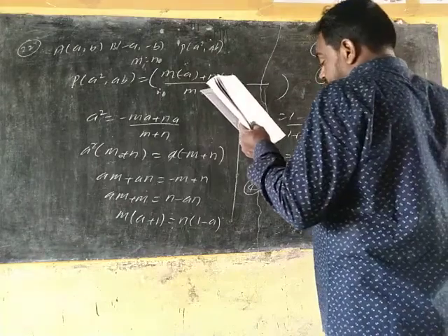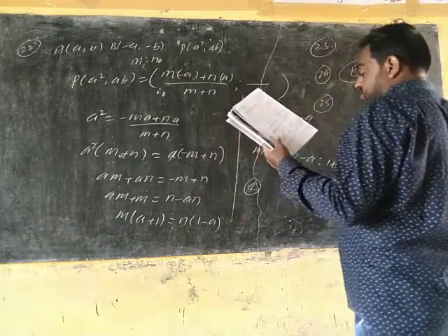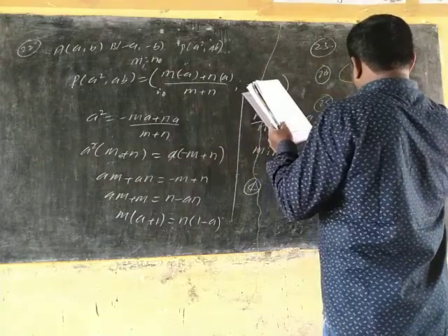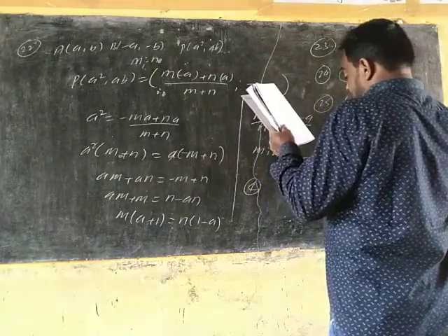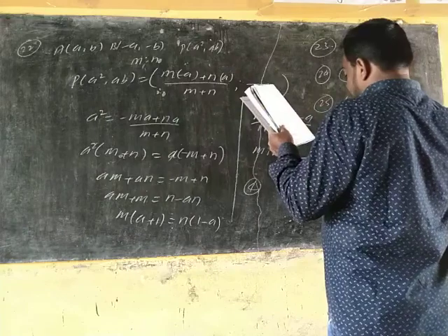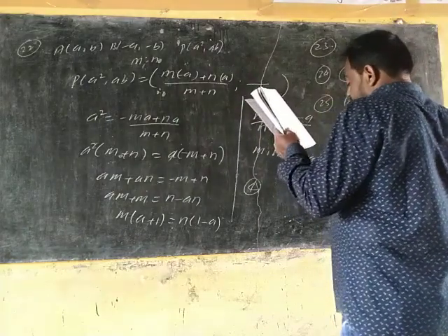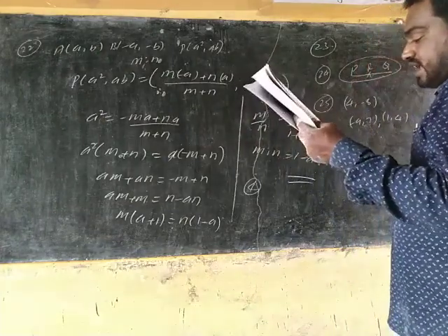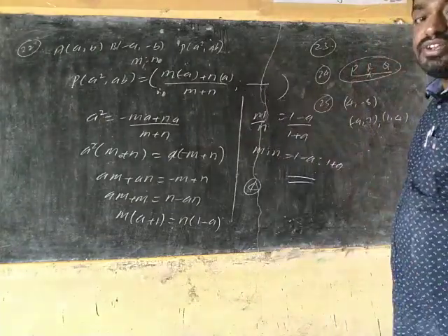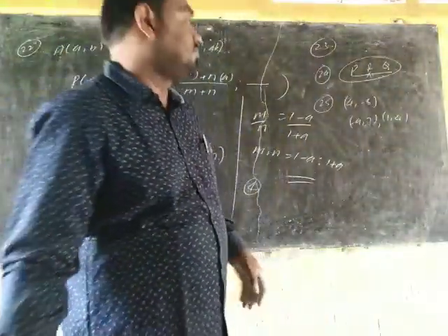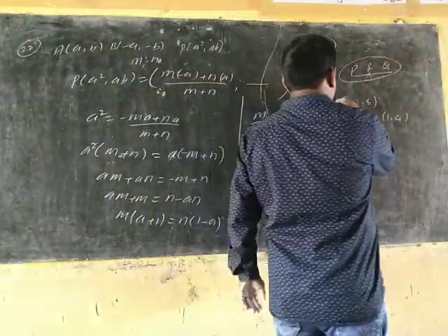The centroid and 2 vertices of the triangle are 4 comma minus 8, minus 9 comma 7, 1 comma 4. Then find the area of the triangle. Here is a simple method you can follow. This is the centroid G formula.